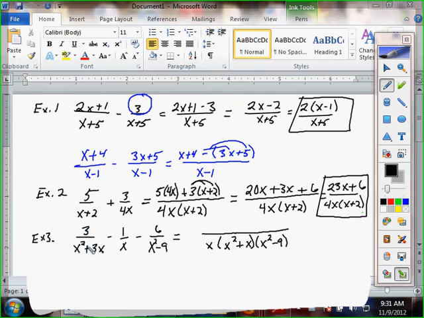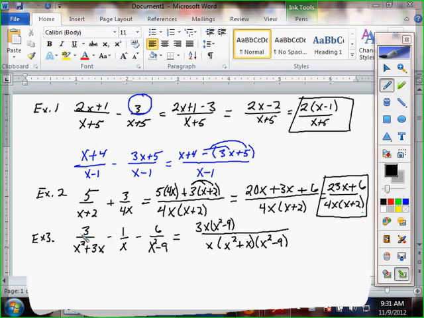So what did I do to this denominator? I multiplied it times x squared minus 9. So that makes this 3 times x squared minus 9. Okay, I'll say that again. This denominator right here, I multiplied it by x and by x squared minus 9.